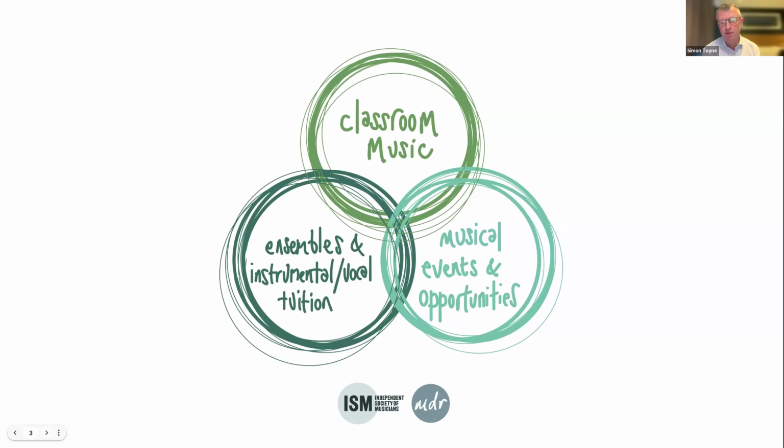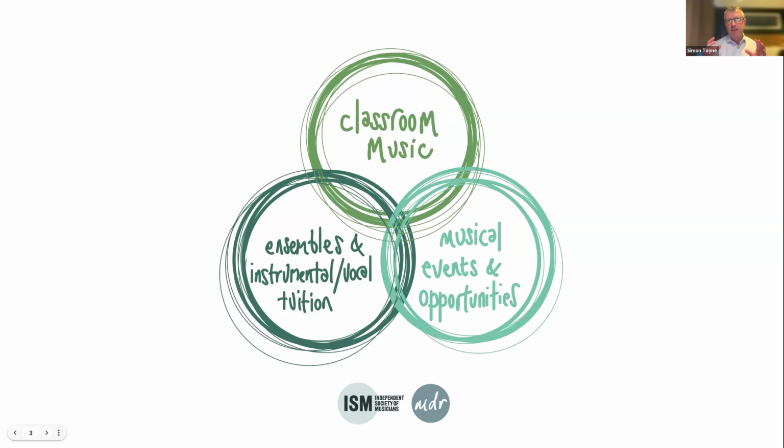There are ensembles and instrumental and vocal tuition, often called co-curricular, and musical events and opportunities, often referred to as enrichment. And these three areas, when fully functioning at schools, create a really vibrant music education. And this is featured in numerous ISM publications, particularly those by Kevin Rogers.